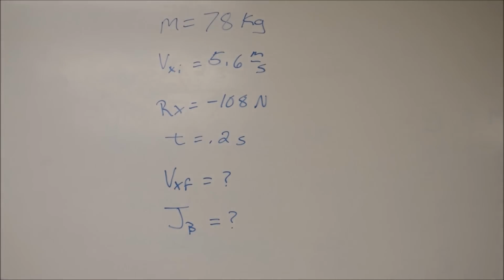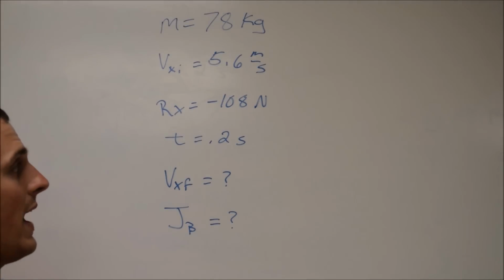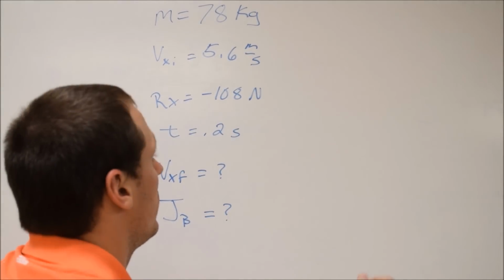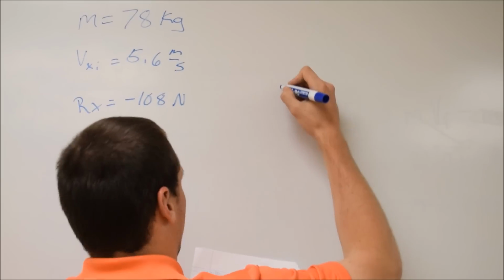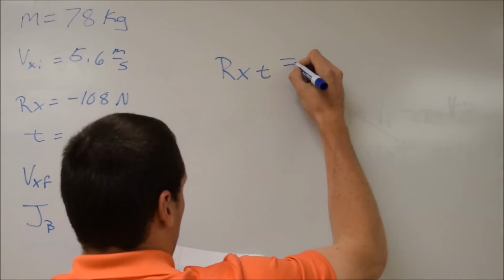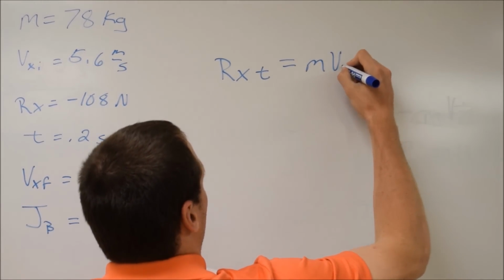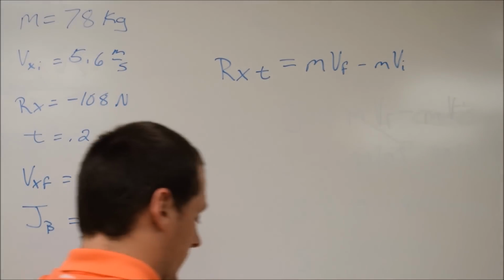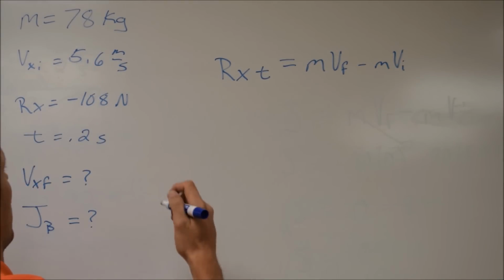So now we already have all of the equations and stuff that we need. It's just a matter of picking the right one. So we're going to go back, and this time we're going to use the full version where we have time as well. So we have Rx times time is equal to the mass times the final velocity minus the mass times the initial velocity. So now we just start plugging in numbers.